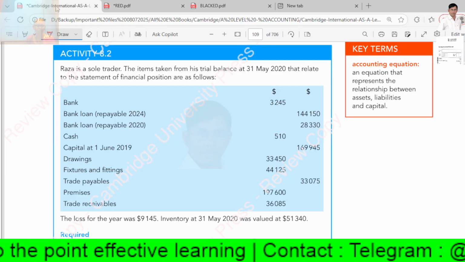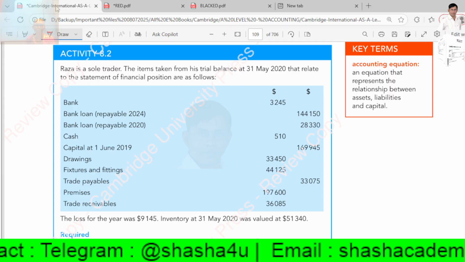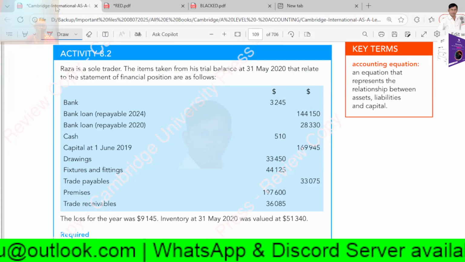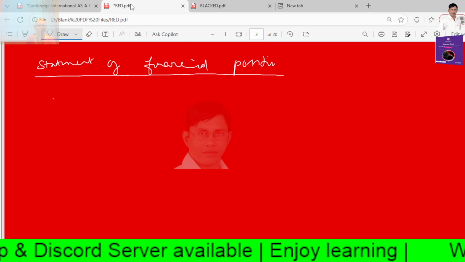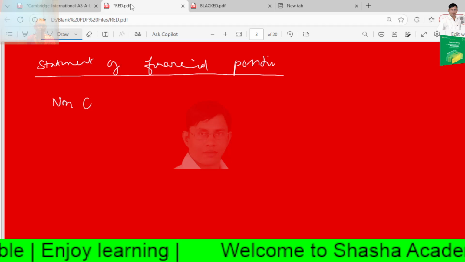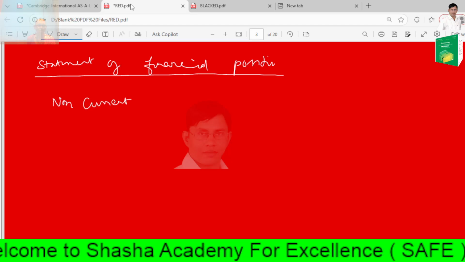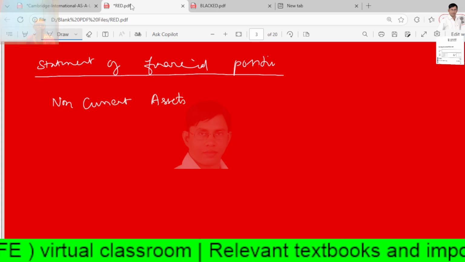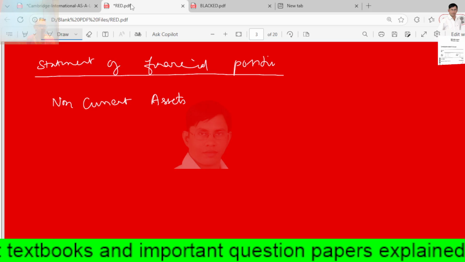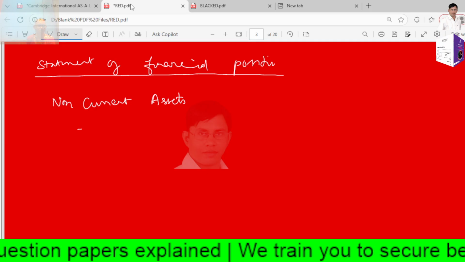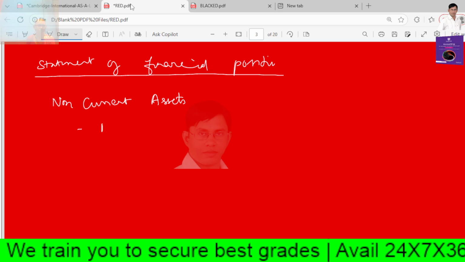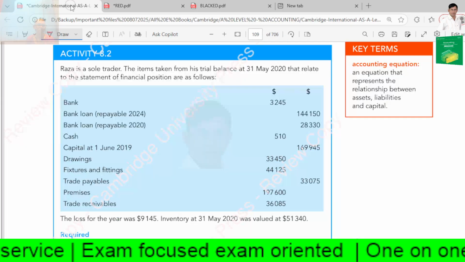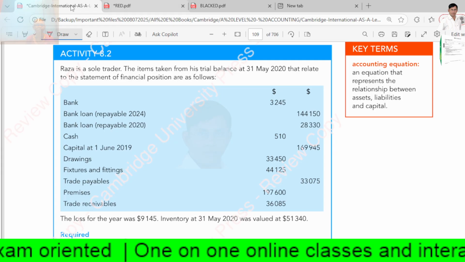First we need to write fixed assets. Premises is very heavy, so let us write premises first. First we write the non-current assets heading. In the non-current assets, we write building premises. The value of premises is 127,600.